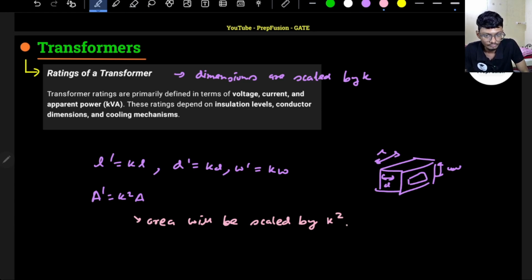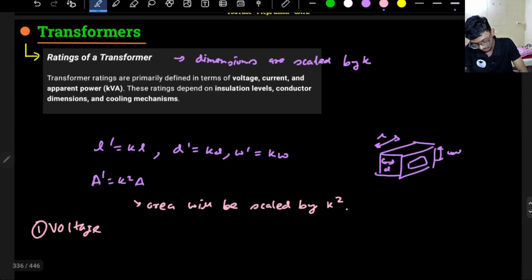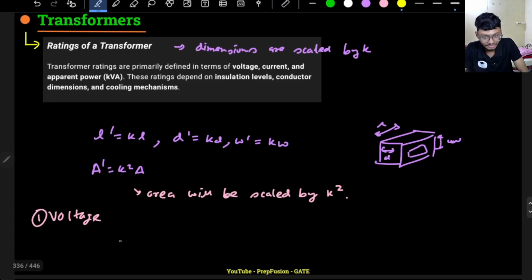Now what will happen to the voltage rating? Let's discuss the first thing, voltage rating. So what is the voltage equal to? If you remember, the induced EMF E1 was equal to root 2 pi f phi max into N. Of course, N is not the dimension of the turn, it is just the number of turns, which will remain constant.